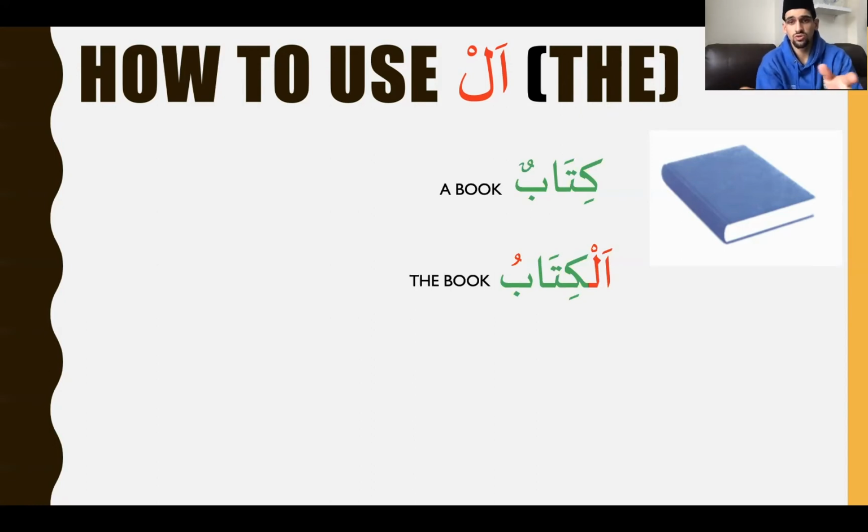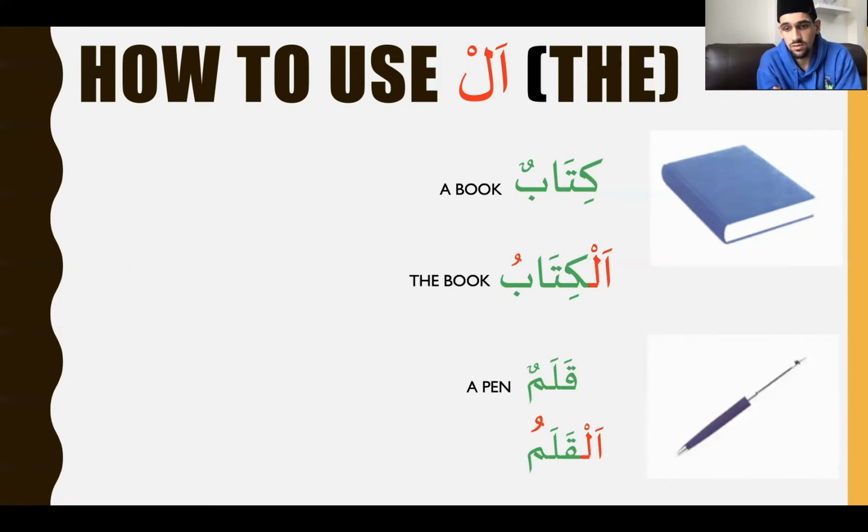We'll just do a few more examples of this so that you get more of an idea of how it works. So next we have a pen. We've learned before that qalamun means a pen, but how do you say the pen? It is al-qalamu, meaning the pen. So again, the same example: put alif lam before the object, and the tanween becomes just a dhamma.